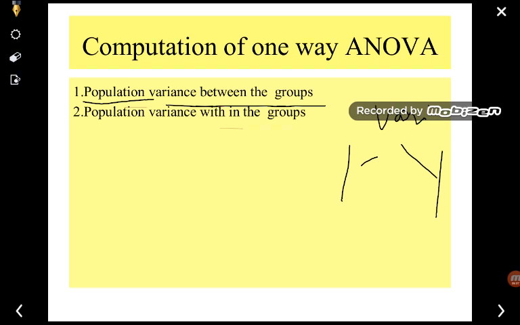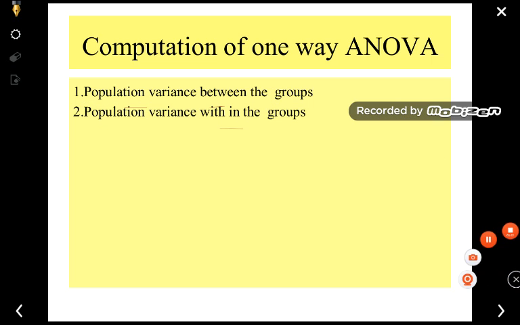And the next is the population variance within the group. So inside the group, what are the different variances? So the computation of one-way ANOVA is done by estimating variance at two levels, within the group and between the groups.